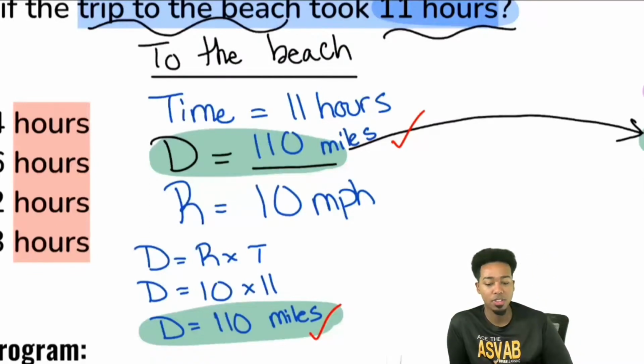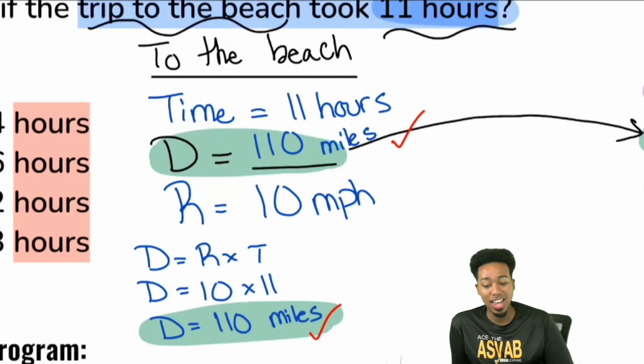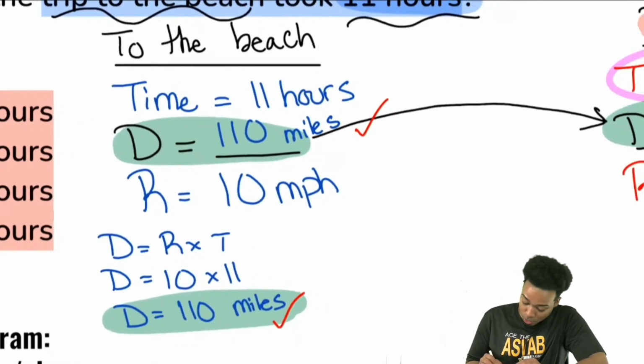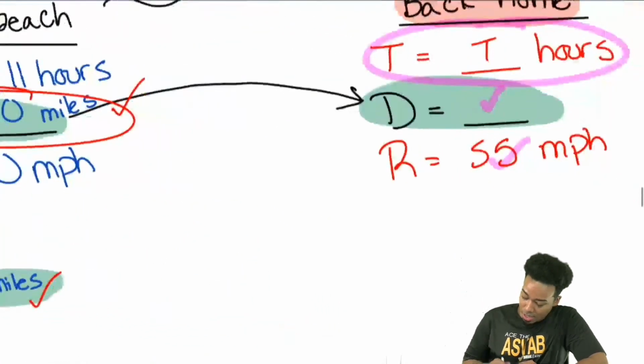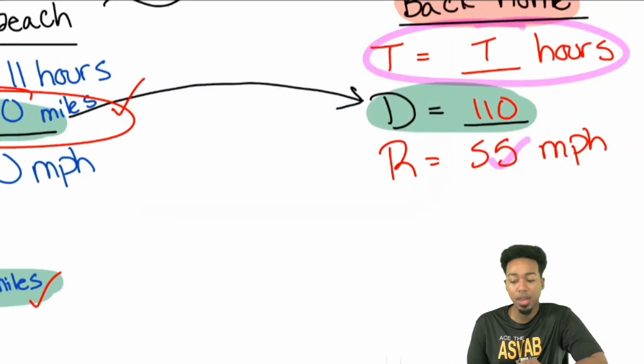What do you mean the distance? I just told you the distance, 110 miles. What does that mean? There we go, TJ. Yeah, the distance for the other side. Because again, you took the same route. So since you know this right here is 110, you know that this over here is also 110. That was the connection that we made.